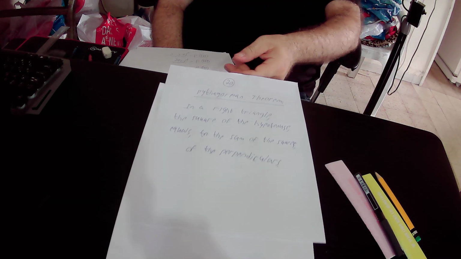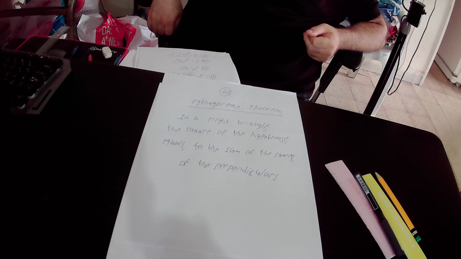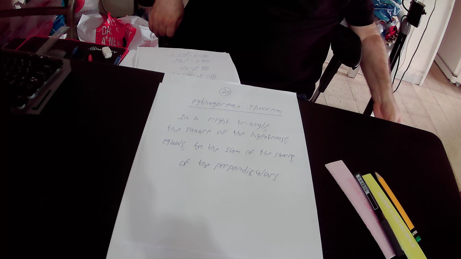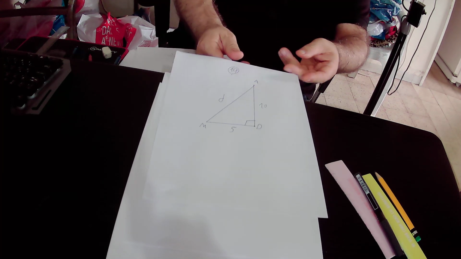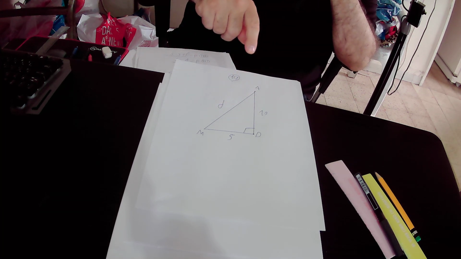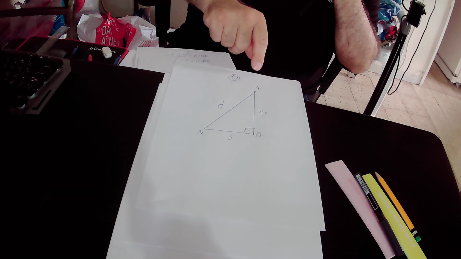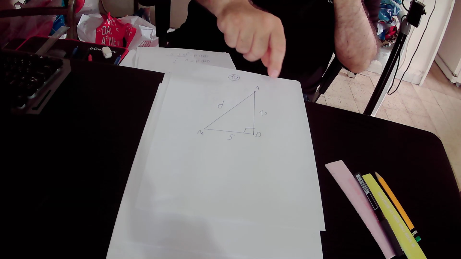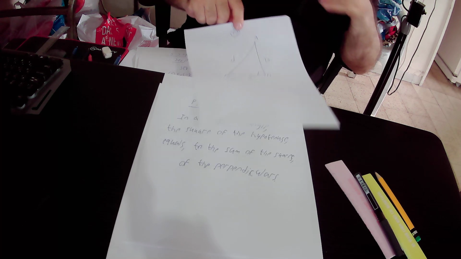The Pythagorean theorem states that in a right triangle, the square of the hypotenuse equals the sum of the squares of the perpendiculars. It is true only in right triangles. That is to say AM square equals AD square plus MD square.